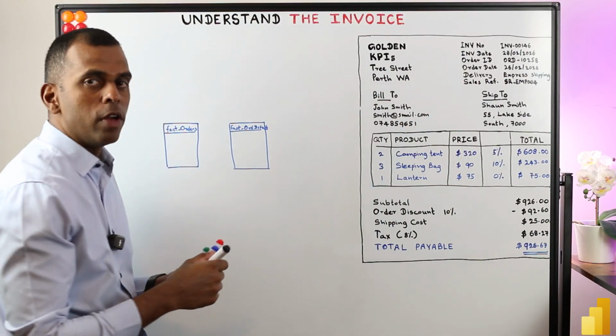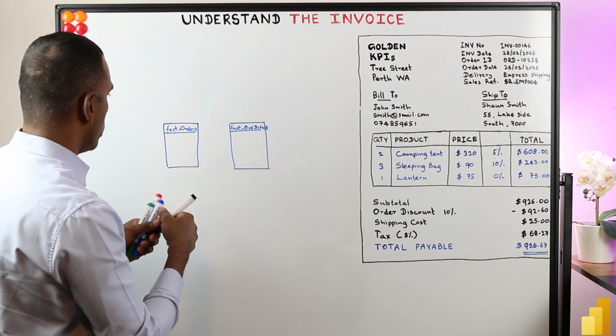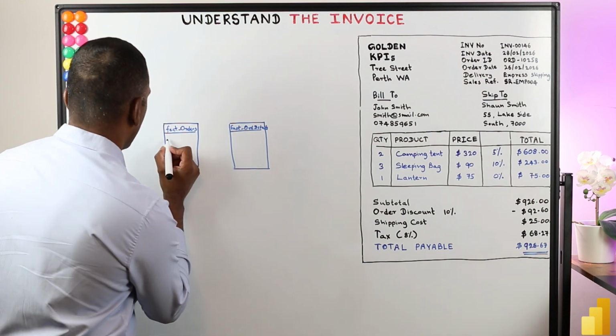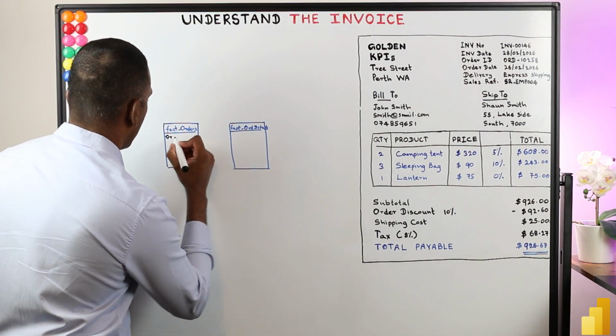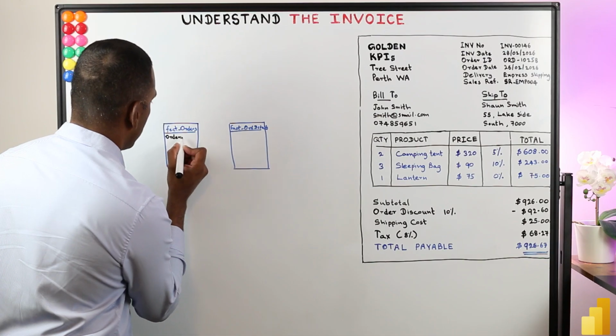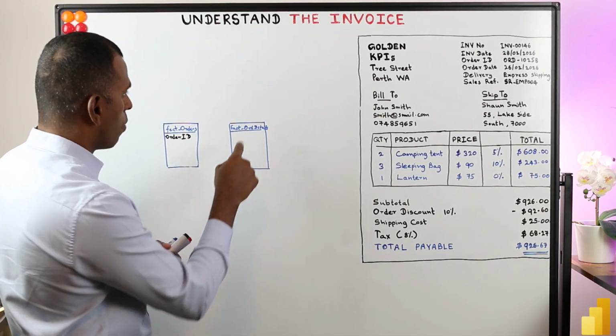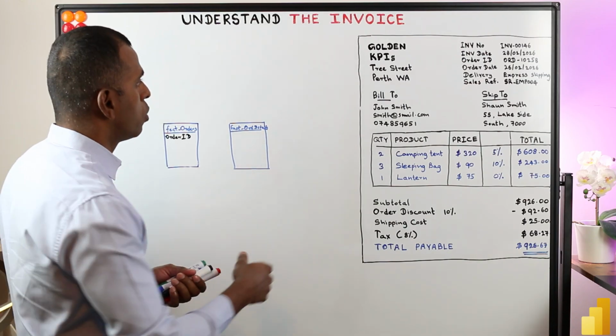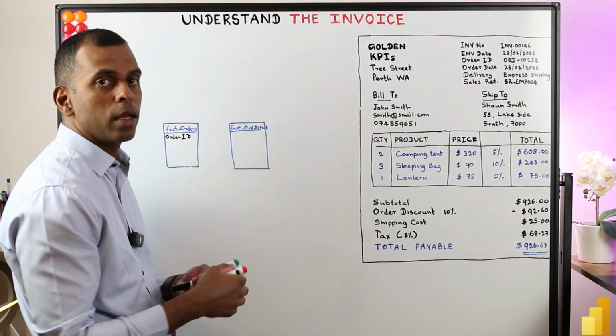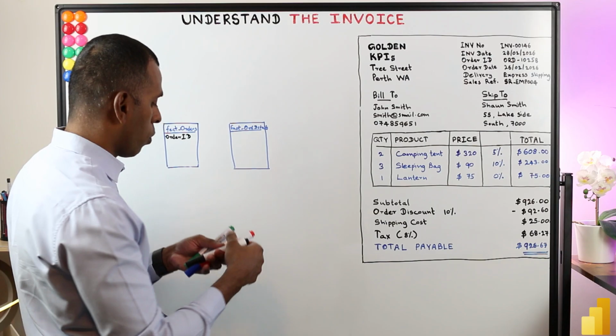See, this order ID will be the primary key of this fact orders table. And this one will have a primary key too, but we can't see that primary key in the invoice, right?